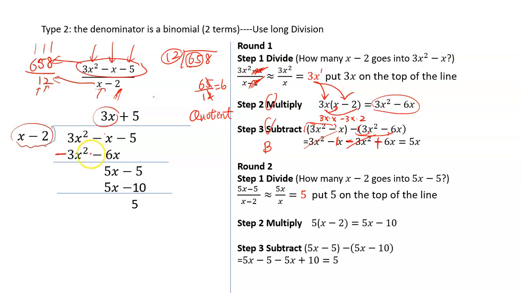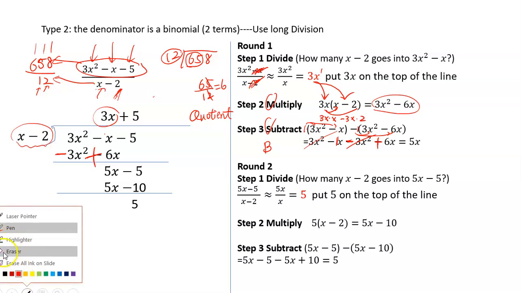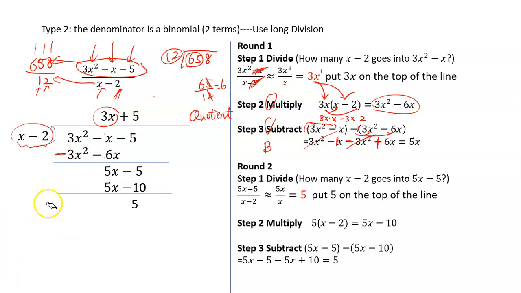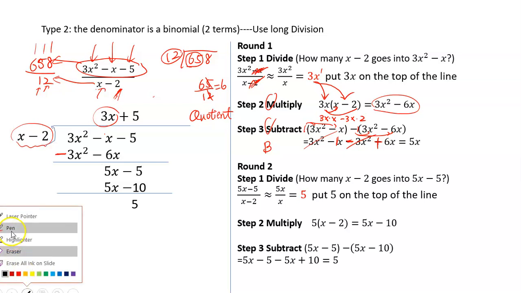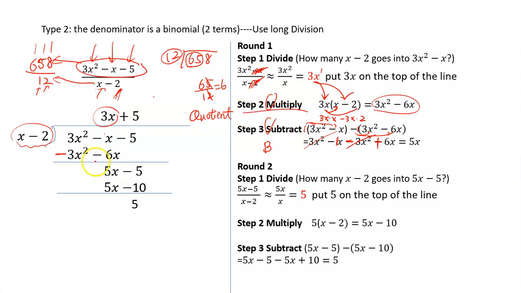It's because when you have another minus in front of minus, two negatives make a positive. So that's why you just change the sign. This is a good tip that will help you avoid mistakes. So when you write down the multiplication answer from step 2, change the signs. So now you're just doing 3 minus 3 is 0, negative 1 plus 6 is positive 5.